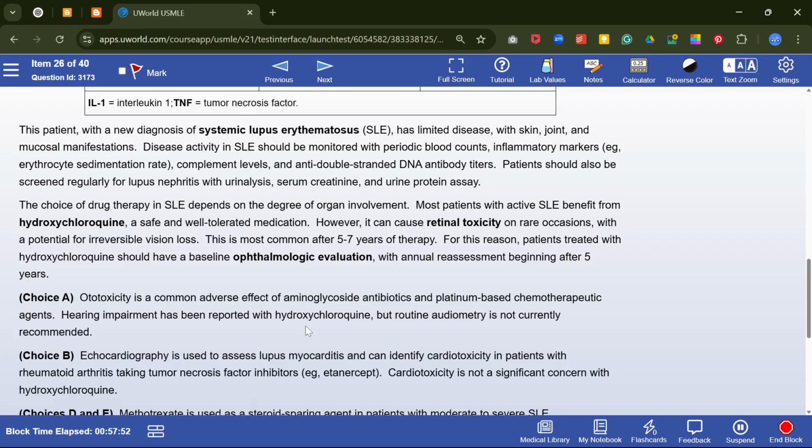Disease activity in SLE should be monitored with periodic blood count, inflammatory markers like ESR, complement level, anti-dsDNA antibody titer. Patients should also be screened regularly for lupus nephritis with urinalysis, serum creatinine, and urine proteinuria.